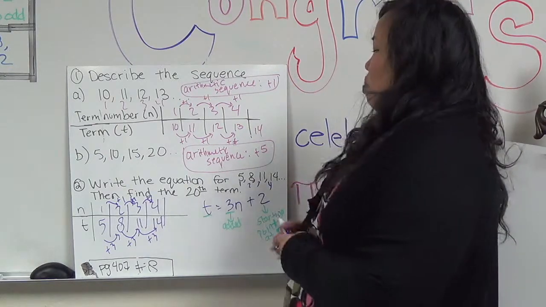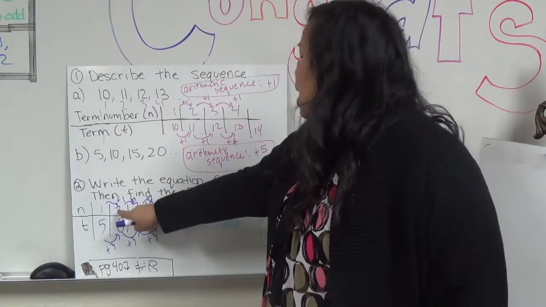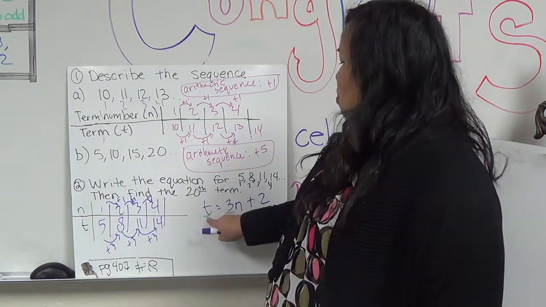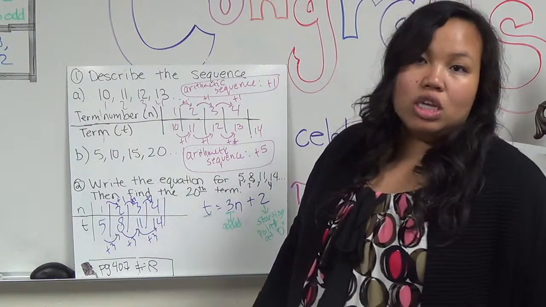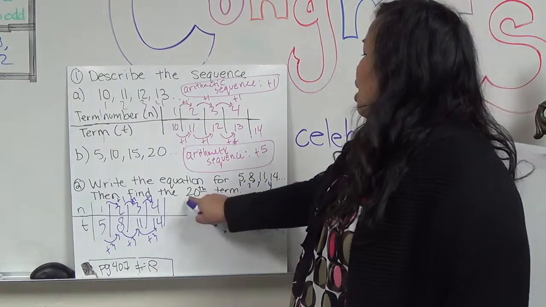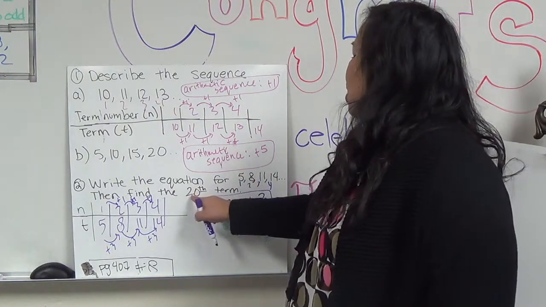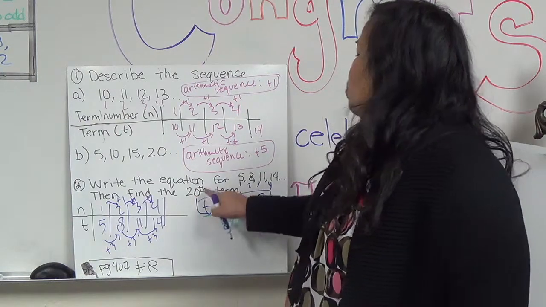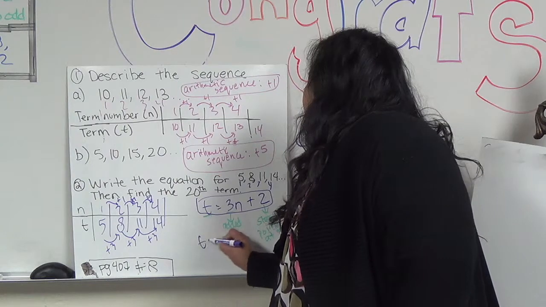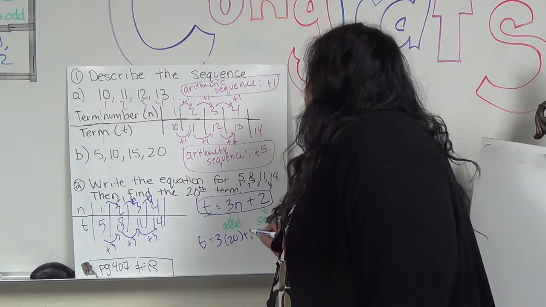Now I can check this by plugging it in, let's say with this one. I plug in n, so 2 times 3 is 6, plus 2 is 8, which should give me t. You see? So if you're not sure, plug it in. Once I found this equation, I can plug in 20 for my 20th term: t equals 3 times 20 plus 2.